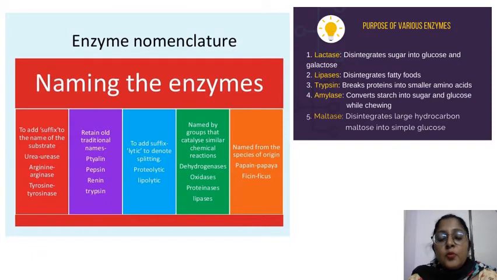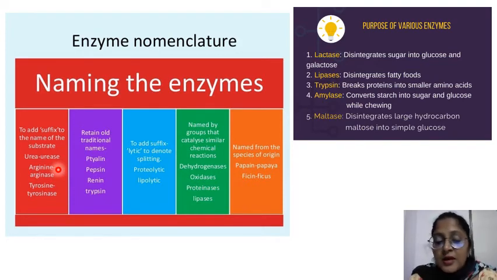Now, enzyme nomenclature is very important. Different enzymes have different kinds of names. How can we name the enzyme? Sometimes on the basis of the substrate, we add the suffix: urea, urease; arginine, arginase. That means it acts on the specific substrate.